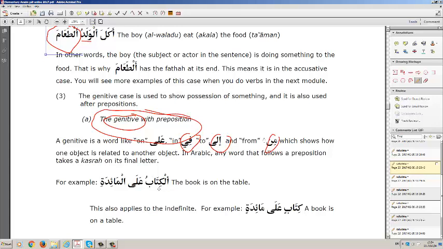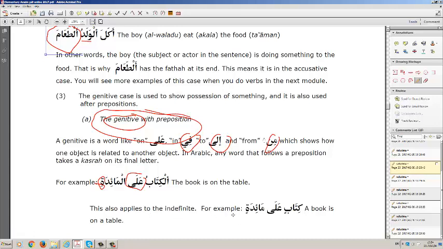So for example, al-kitabu, the book, this is the subject of the sentence, is on the table. Al-ma'idati. Ala means on, and it's a preposition. So whatever comes after the preposition takes a kasra. That's an i sound. So al-kitabu ala al-ma'idati.